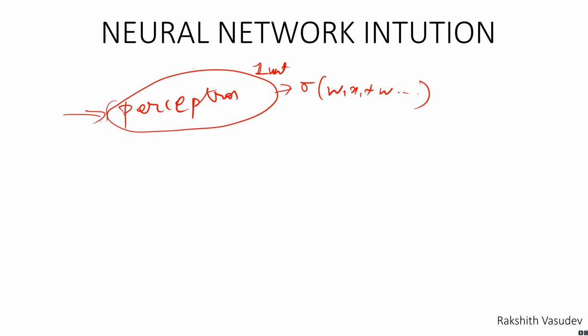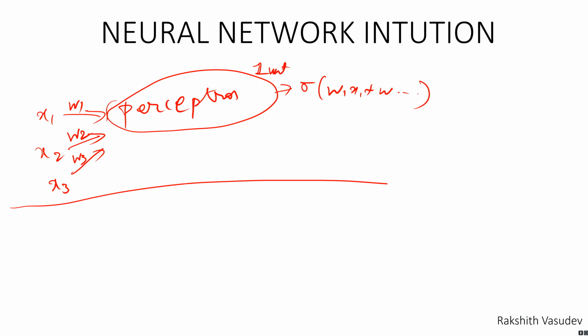You know that, right? This is x1 w1, x2 w2, x3 w3. But right now I'm going to show you, if I stack up a bunch of perceptrons, something like this, a bunch of perceptrons.